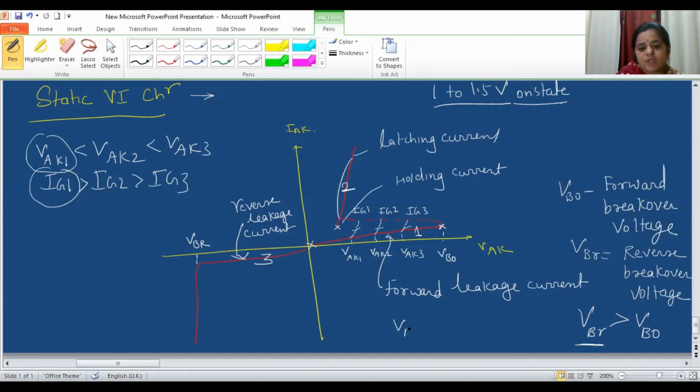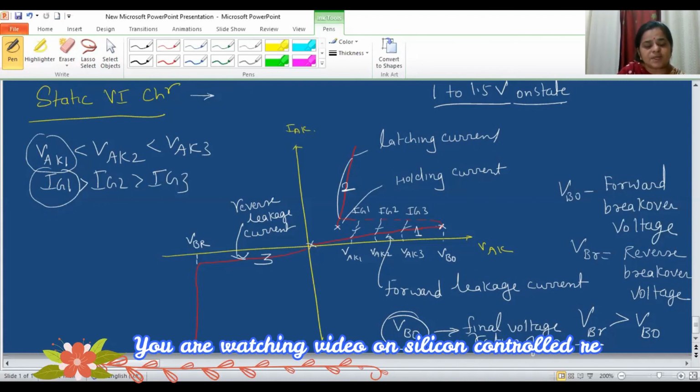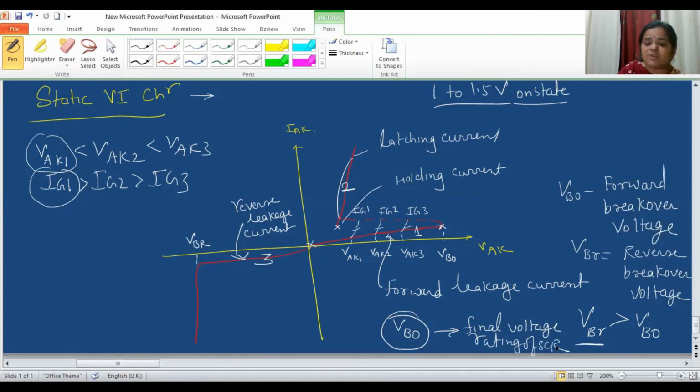That's why we never increase the voltage beyond VBO. So VBO is considered the final voltage rating of an SCR. On the safer side, we consider VBO as the final voltage rating. Although the VBR value is greater than VBO, we never consider VBR as a voltage rating, because if you increase the voltage up to VBR, the device is permanently damaged.